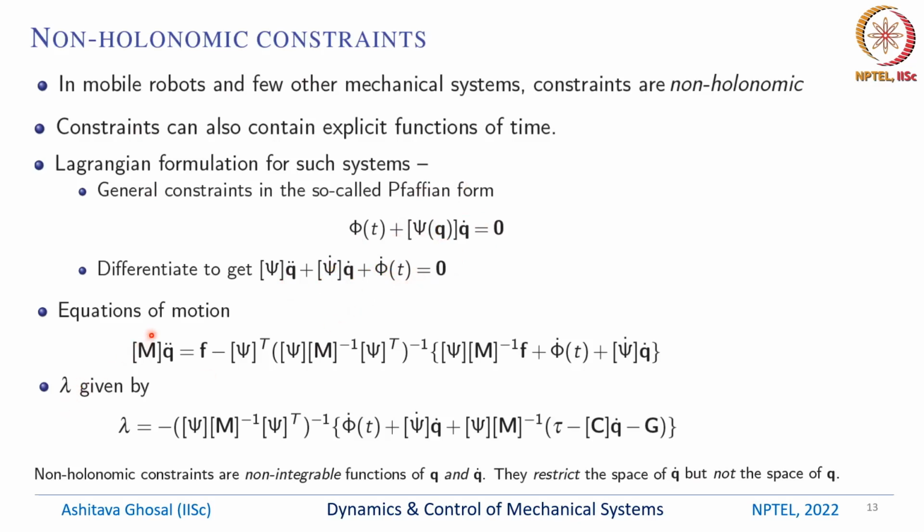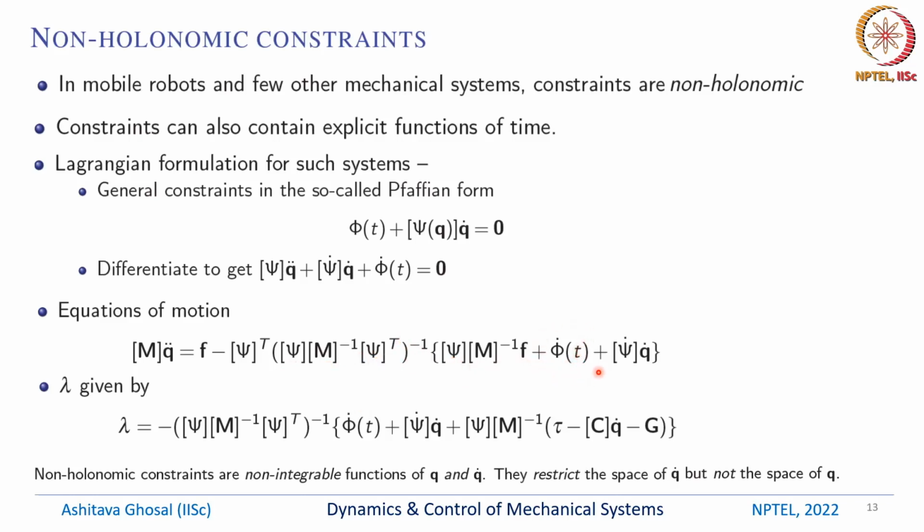Then the equation of motion can be modified, and we can obtain it if the constraints are given in this Pfaffian form. It is given by m q double dot equal to f minus again this whole complicated term, which is psi transpose times the inverse of psi m inverse psi transpose, then psi m inverse f.